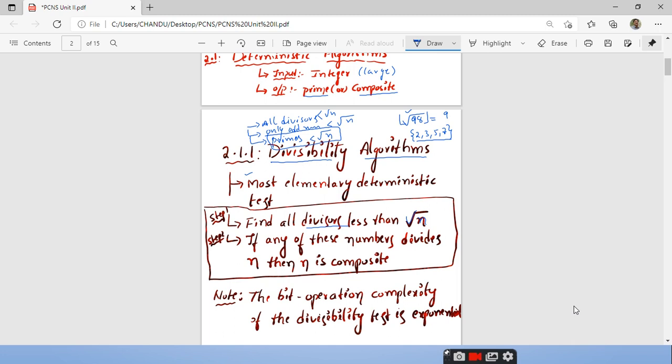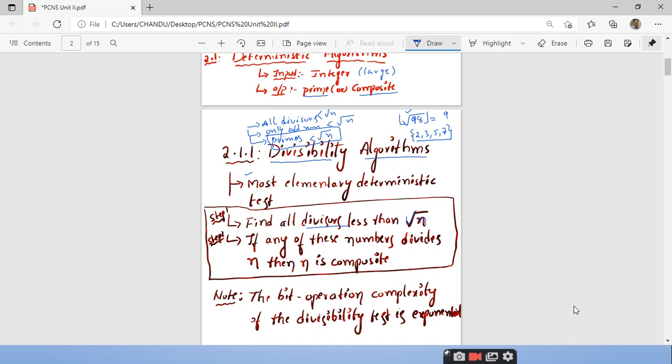So this is what the divisibility algorithm is. Remember that the basic algorithm to check whether a given number is prime is: you take the square root of the given number, list out all the prime numbers less than the square root of n, and check whether n is divisible by any number in that set.